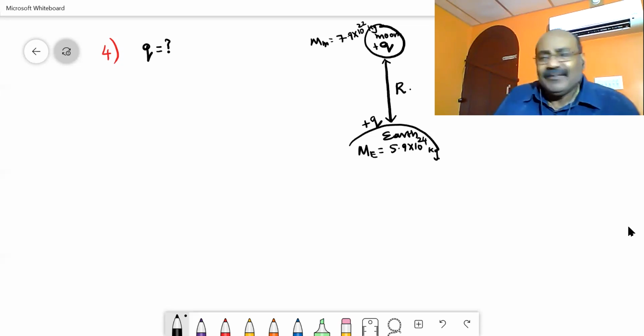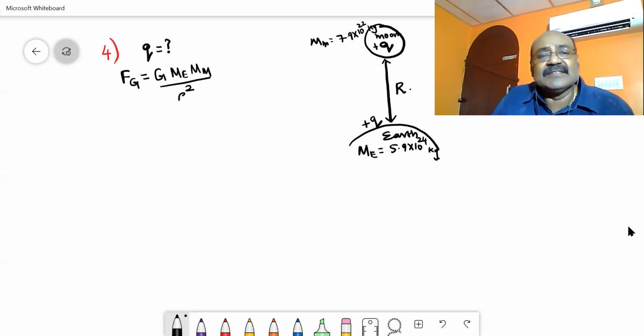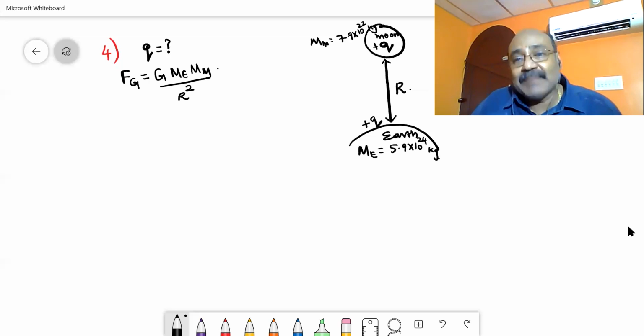Very simple, between the two masses we have the gravitational force F of g. According to the universal law of gravitation, this F of g is G into mass of the Earth, times mass of the moon, divided by the square of this distance. This should be balanced now. How can it be balanced?